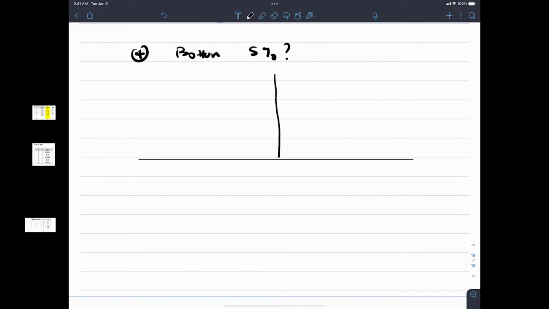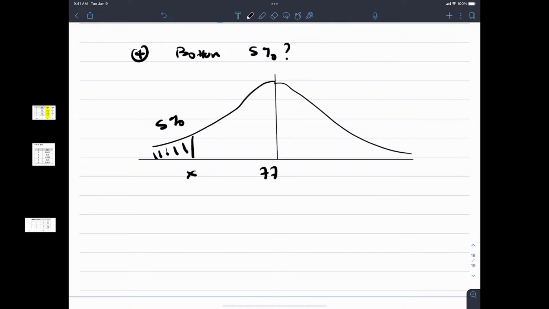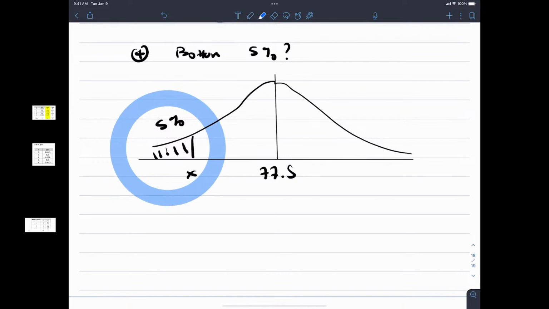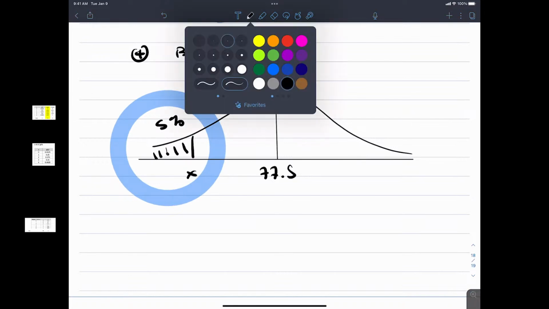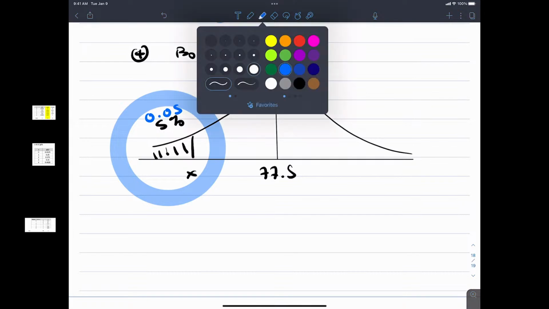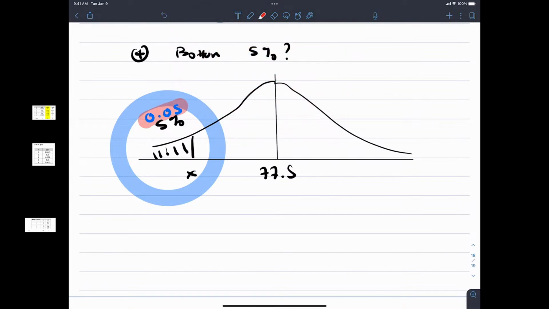Bottom 5%. This should be what now? Isn't this 5%? 77.5 in the middle. And how do you write 5%? 0.05. Okay, so notice this is a left tail.